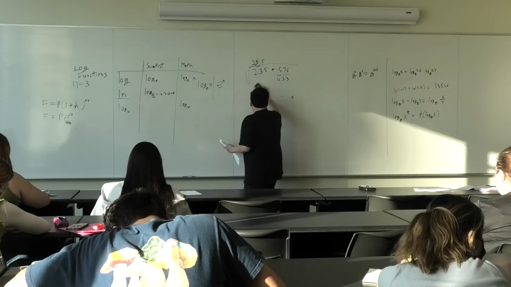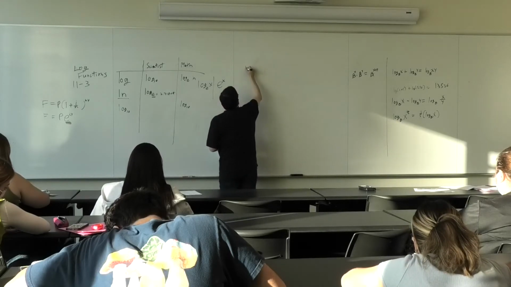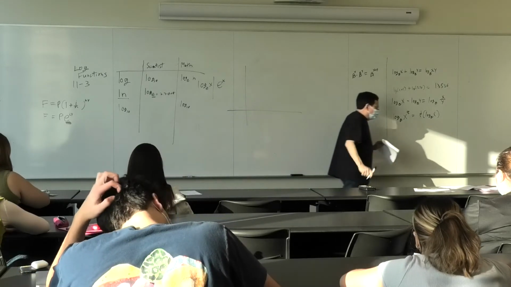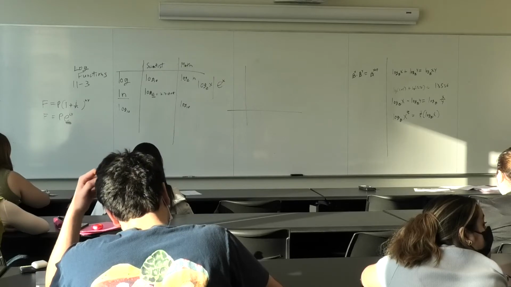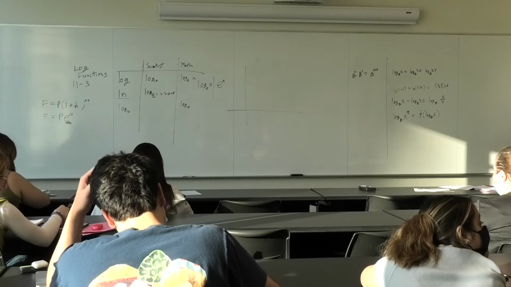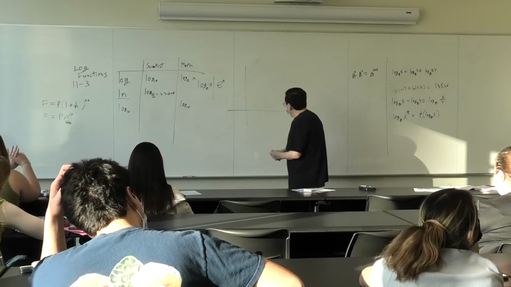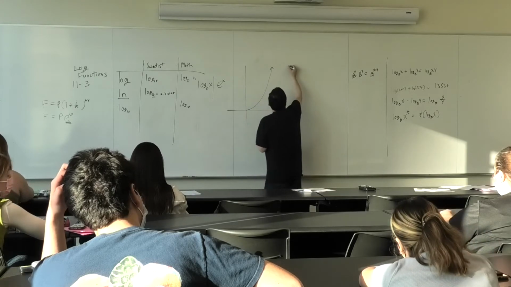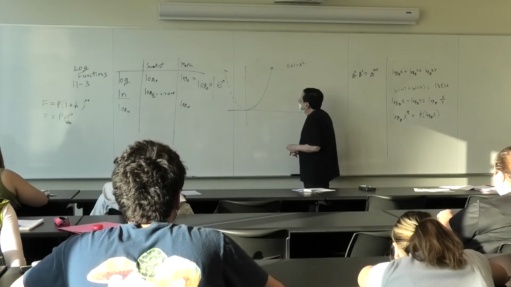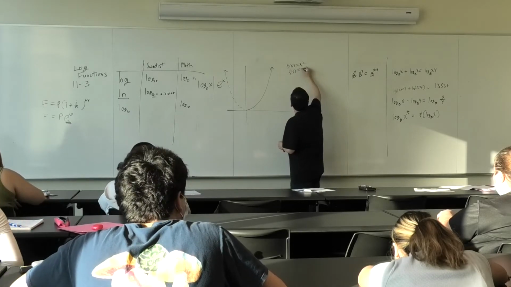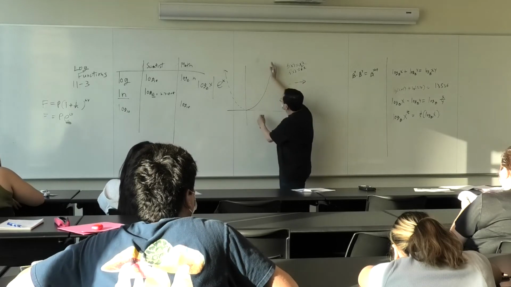Now, we went over inverse functions very quickly, but you may remember that I told you that, if you graph a function, like, let's say we graph f of x equals x squared, of course it's a parabola, and you graph its inverse, which is the square root of x, that these two functions are kind of mirror images of each other.